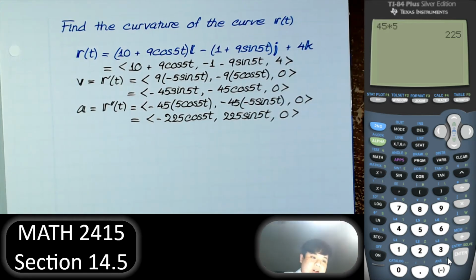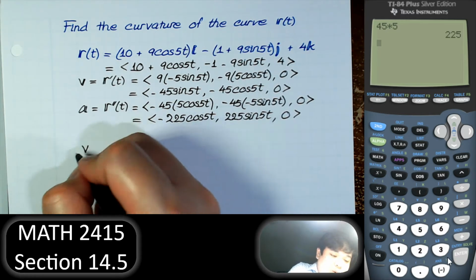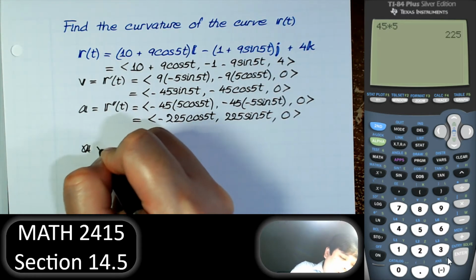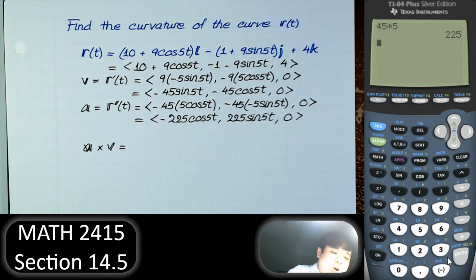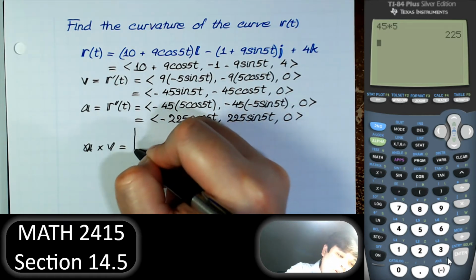Right. And then the cross product of A cross V, right? A cross V. It doesn't matter which one cross which one, but like I said, because we're going to take the magnitude later.